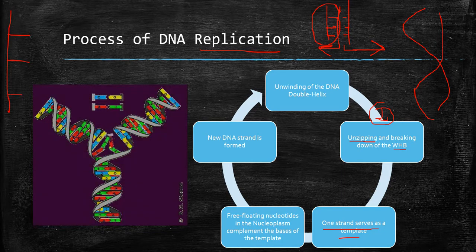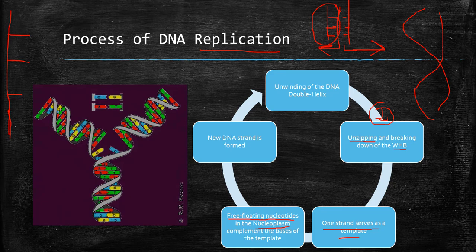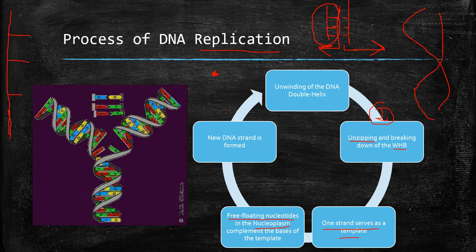Now remember this is taking place inside the nucleus of the cell. Inside that nucleus there are free floating nucleotides, in the nucleoplasm, the jelly-like fluid we spoke about inside the nucleus. If you remember what nucleotides are, it's that sugar, phosphate and nitrogenous base thing we were talking about.